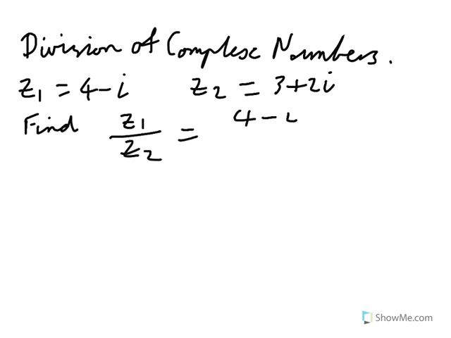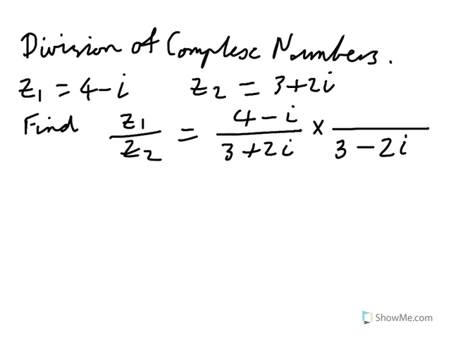Then what we'll have is (4 minus i) over (3 plus 2i). Now, mathematicians don't like that, just like they don't like unrationalised denominators, so we need to multiply top and bottom by the conjugate of what is on the denominator.